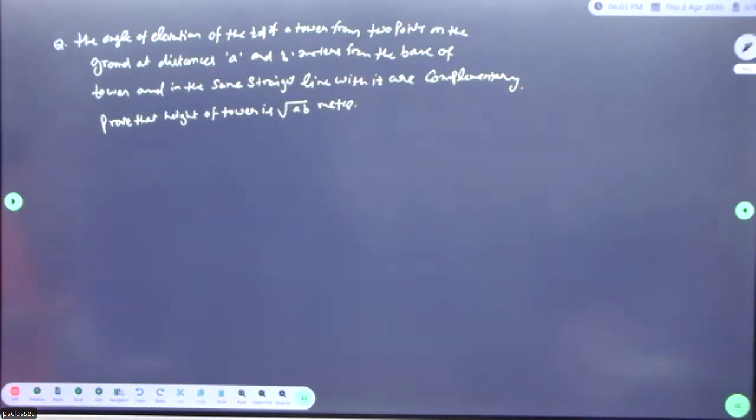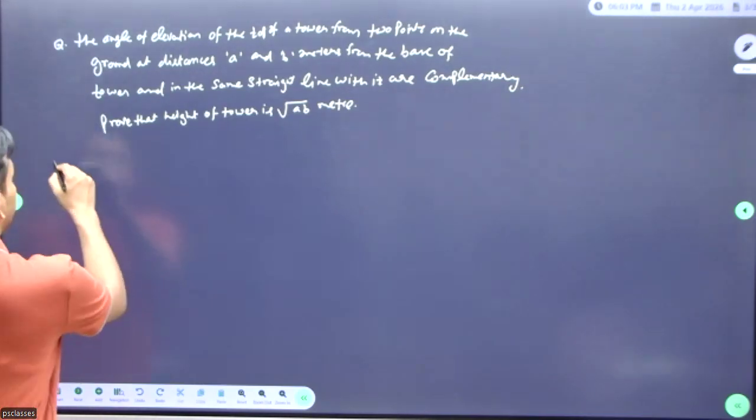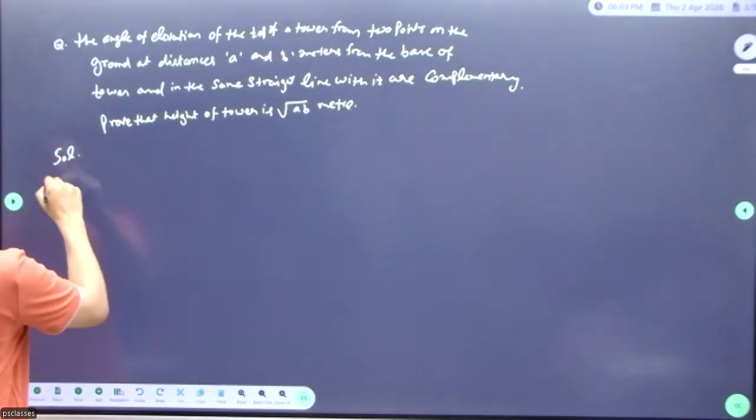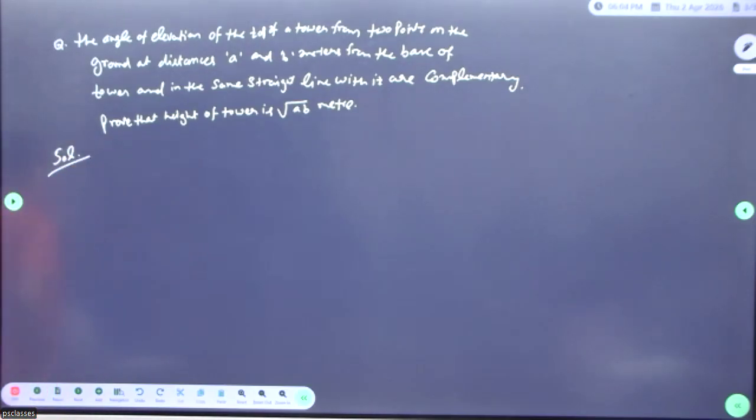This is given in this book. This is 2024 book version. Write it. If this sum is not there, write it.